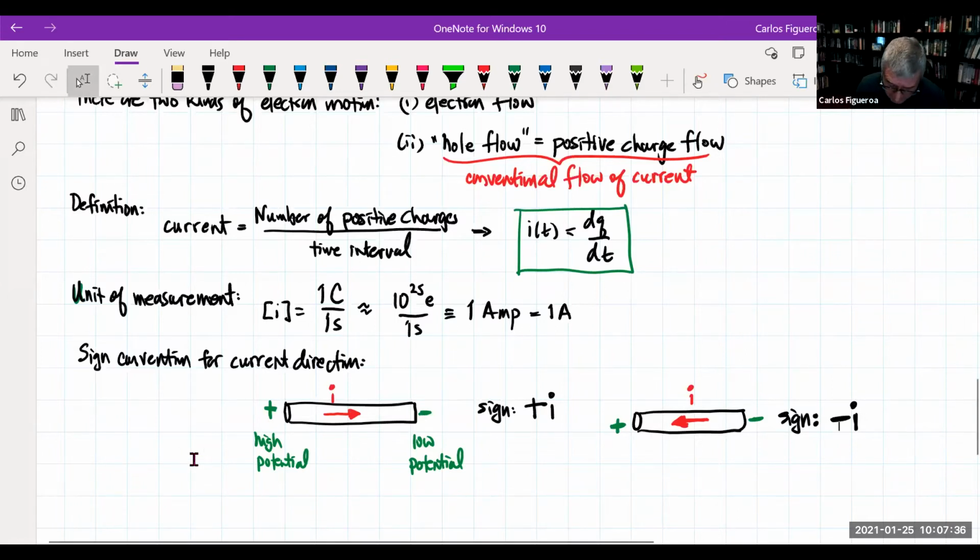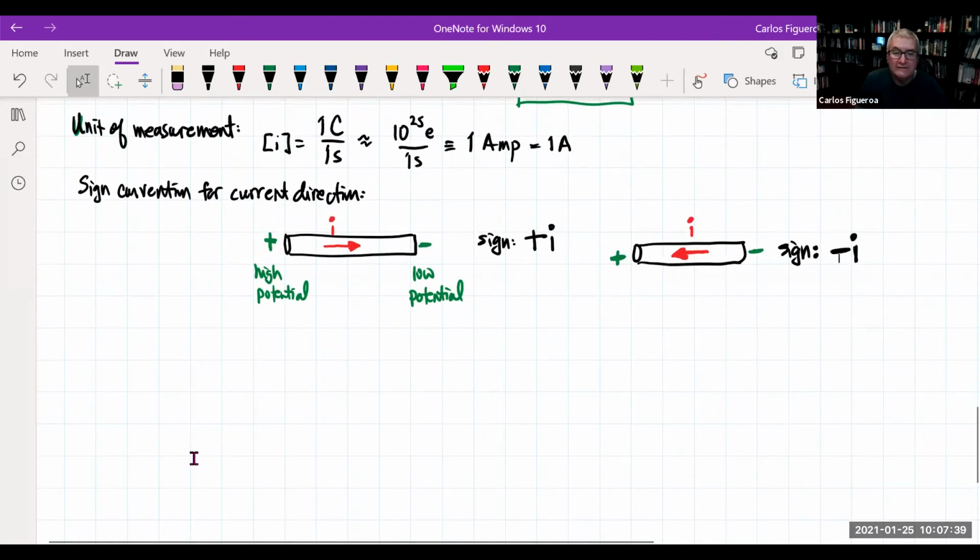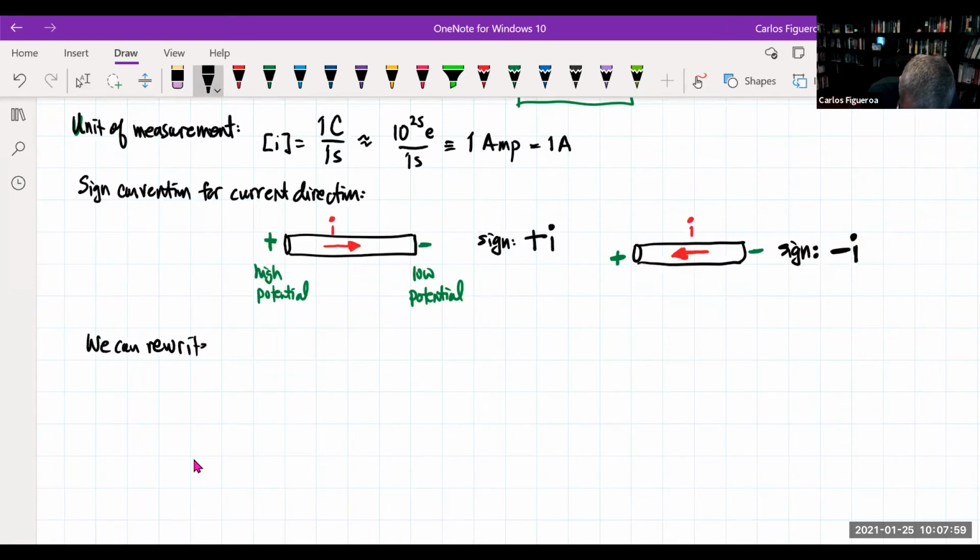Now, to set you up for one of the examples that we're going to do, current can vary as a function of time, and therefore I can rewrite this expression. So we can rewrite the current equation like this.